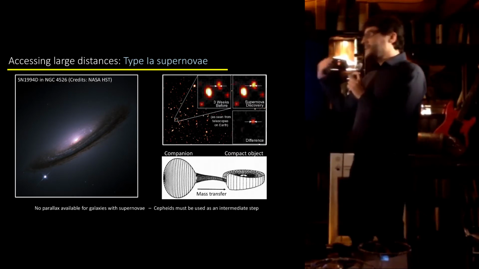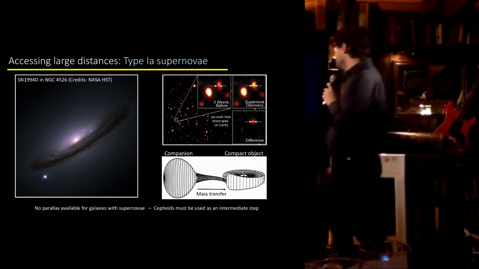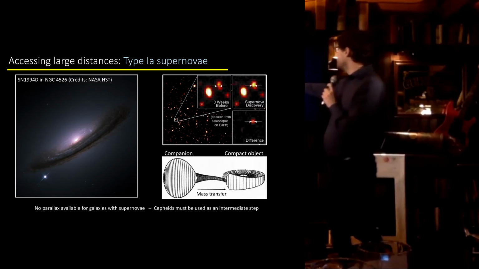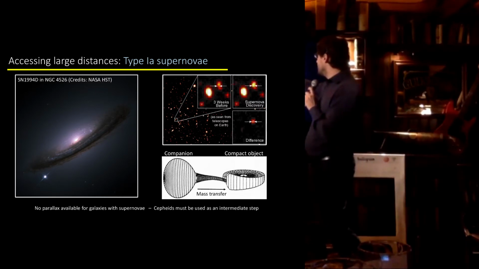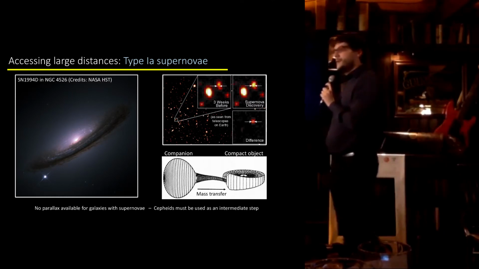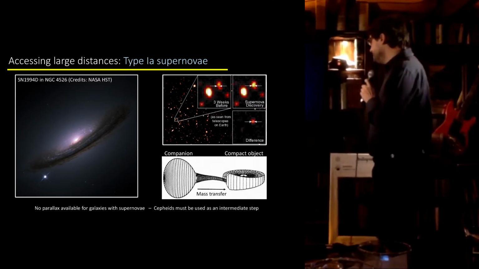When you look at supernovae that are further away, what you see is essentially a tiny dot, like you have on the upper right here. This tiny dot increases in brightness in time, and if you look at the difference, you see that there was something more luminous inside.